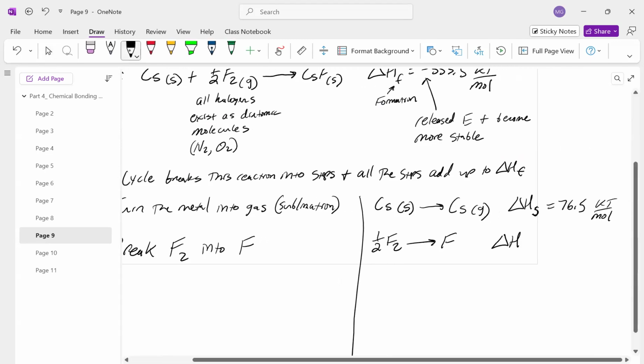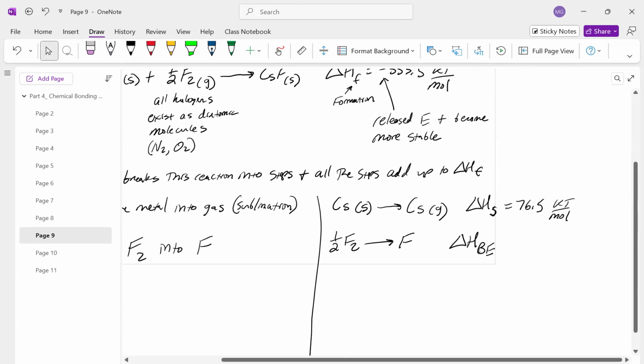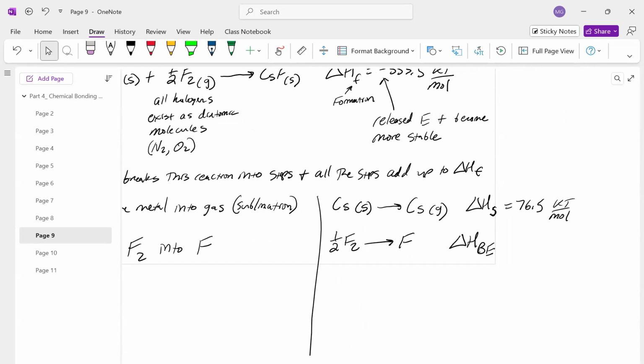Again, that requires energy. So the delta H in this case we call delta HBE, or bond enthalpy. Again, that's a term I'm going to highlight much later down the road. It just refers to how strong a bond is. And it's positive because it requires energy to break that bond. Like I said, I want you to note that both of those processes, these first two steps, are positive values because they both require energy.